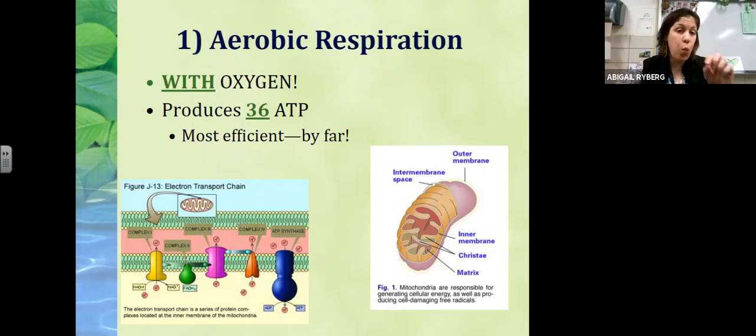Basically one cycle of aerobic respiration produces 36 ATP. Remember that number. So this is the most efficient process by far. And again, remember, our cells almost always undergo aerobic respiration because in our atmosphere, most of the time, we're just getting plenty of oxygen.